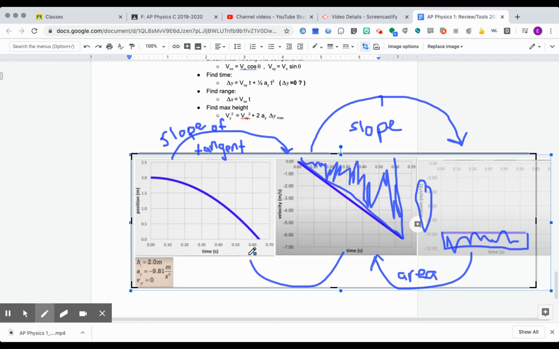So from position to velocity to acceleration, we take the slope. To go from acceleration to velocity to position, we take the area above or below the trend line. So we take the area between the x-axis and our trend line.